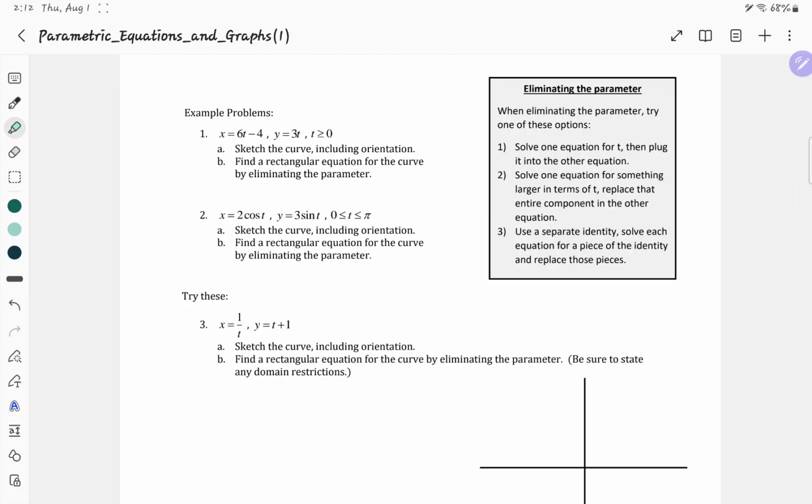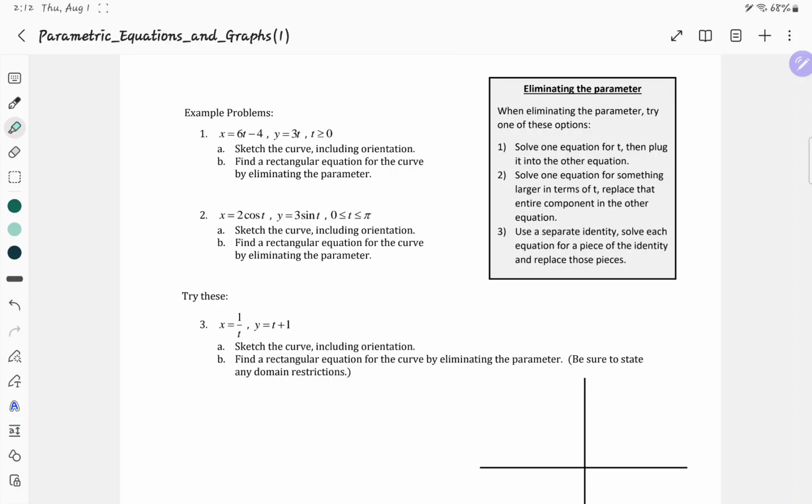So this first one is what you'll usually see in terms of these problems: sketch the curve and something called eliminate the parameter, which is to find that path equation, what looked like the red curve on most of our examples, just the path that it's tracing, but not necessarily the whole movement and everything.